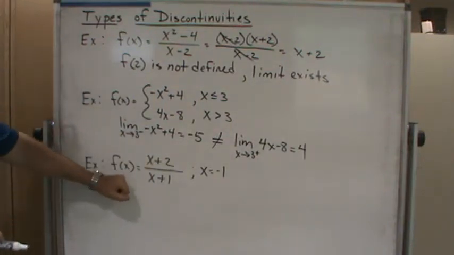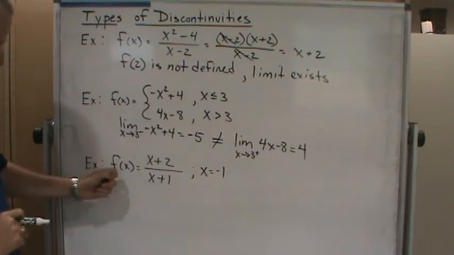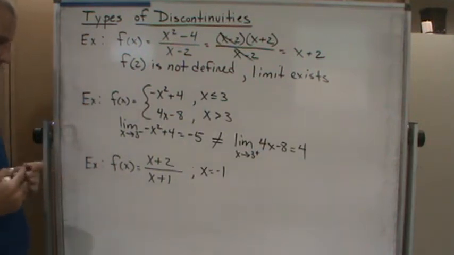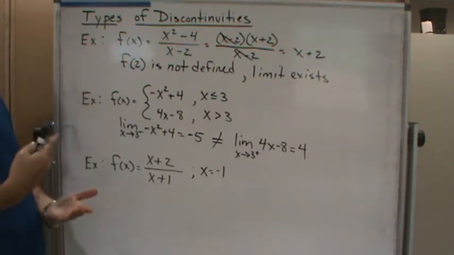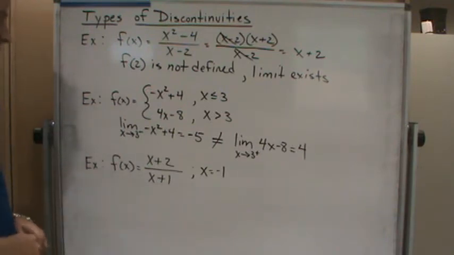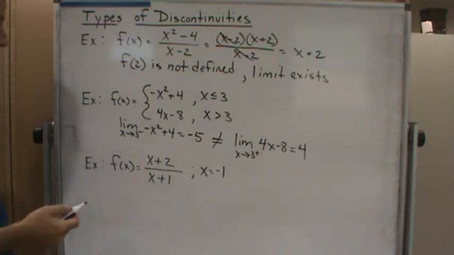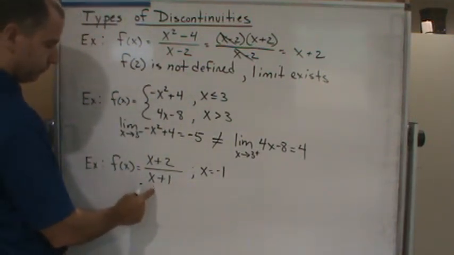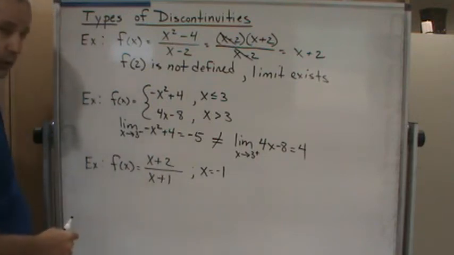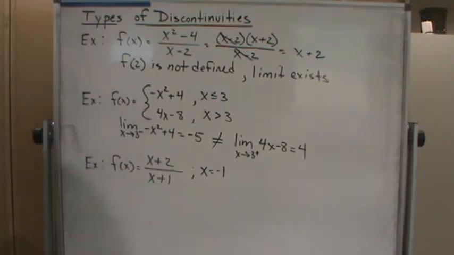Now, the last one here, in this function here, they want to know, hey, is this continuous at x equals negative 1? And if it isn't, what type of discontinuity do we have? So obviously, we could see by plugging in negative 1 here, we get 0 in the denominator. So we know that there's a discontinuity going on.